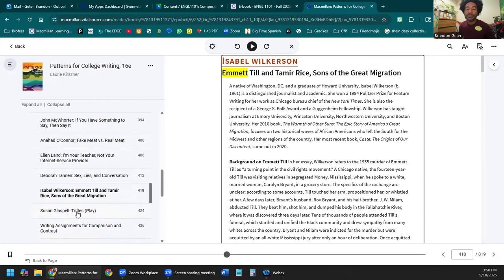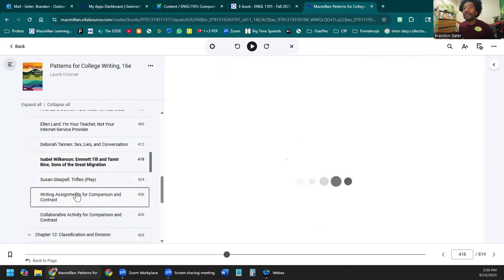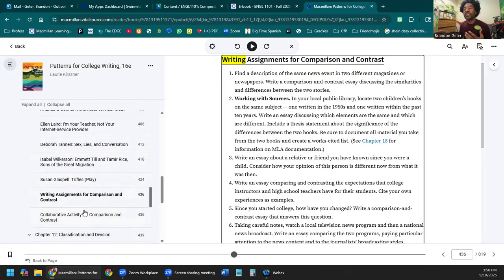Choose at least one of these. If you're having it read to you and you're just chilling, read them all. Let them all read to you. These are good examples of compare and contrast, and they'll get your mind prepared for the critical essay.